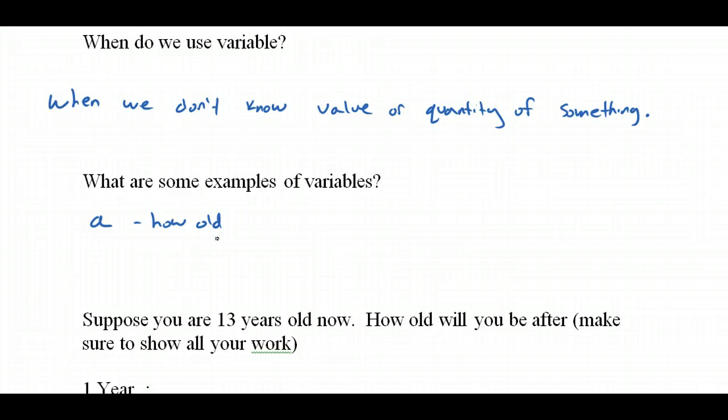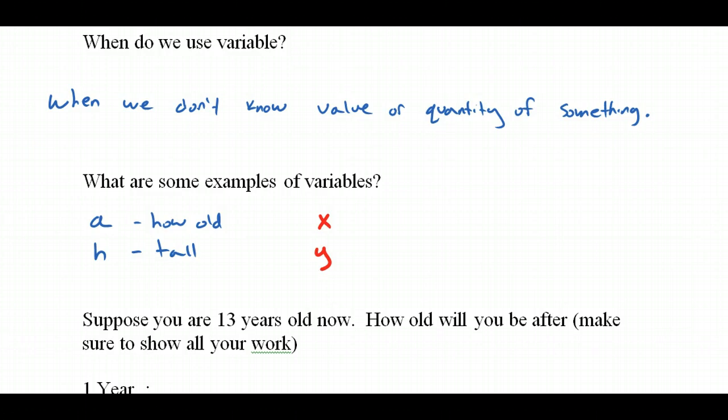Or if I want to talk about how tall somebody is, I might use H as their height. Common variables you're going to see are also X and Y. They're also common symbols that we use for variables.